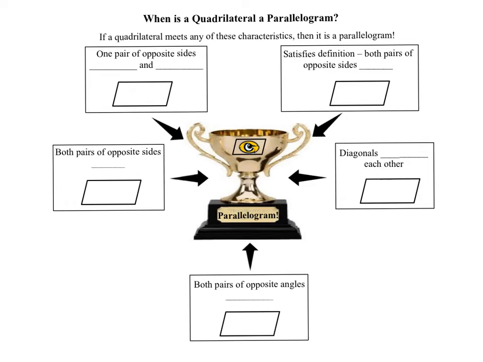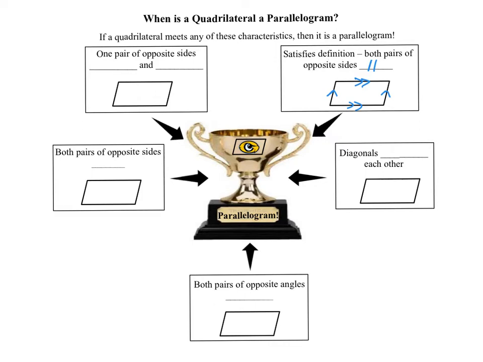First, if we have a quadrilateral where both pairs of opposite sides are parallel, go ahead and indicate that on this diagram. That's enough to guarantee that this quadrilateral is a parallelogram, because it satisfies the definition of a parallelogram.